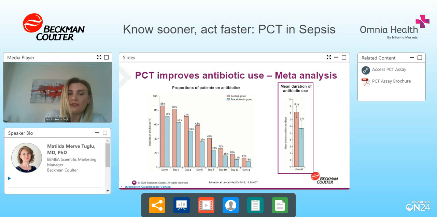As a result, they found procalcitonin guidance associated with a 2.4-day reduction in antibiotic exposure. Also, mortality rate at 30 days and antibiotic-related side effects were significantly lower in procalcitonin-guided patients than in control patients.